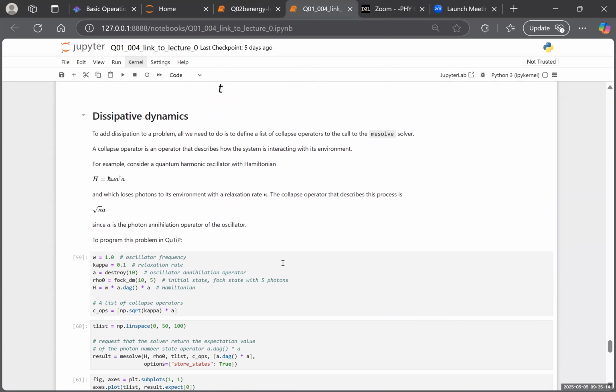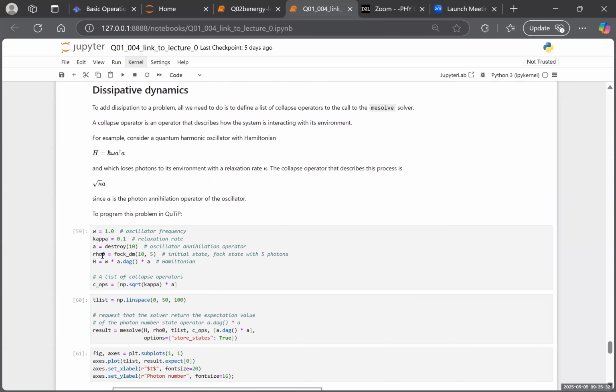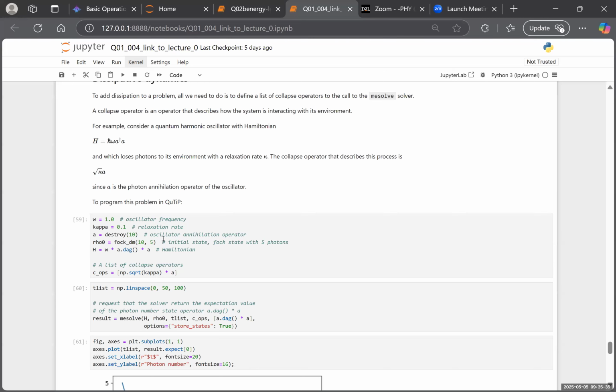And in addition to unitary dynamics, you could also solve something called a Lindblad equation with a jump operator. Jump operator corresponding to what we talked about last semester on these quantum channels. So for example, here is a Hamiltonian, A dagger A, and there's a jump operator which is proportional to the annihilation operator.